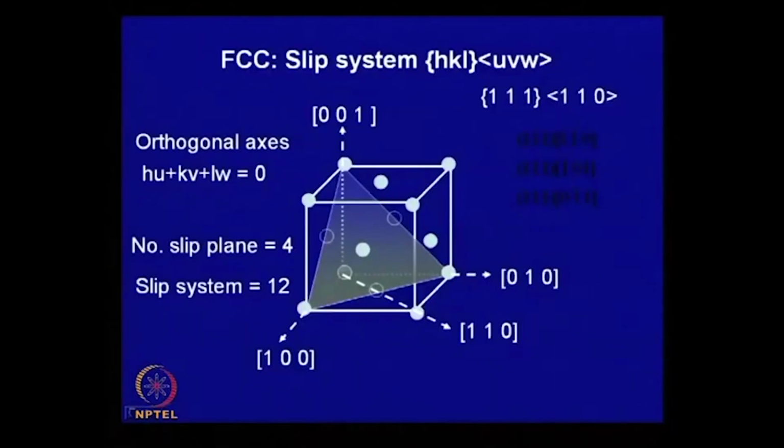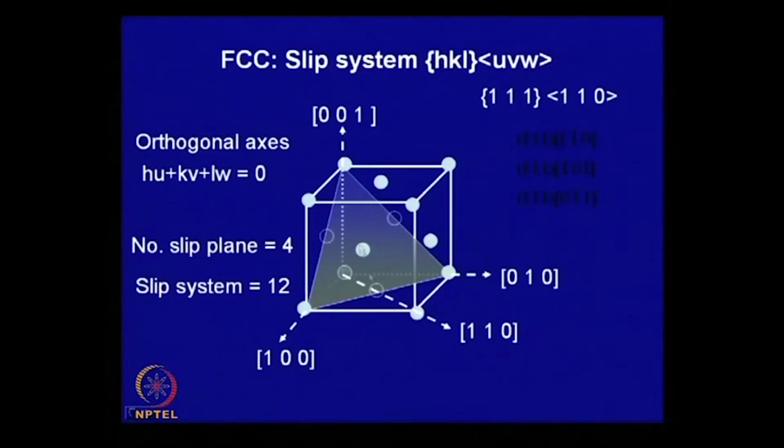So a slip system will be represented by a crystal plane, say HKL, and a crystal direction UVW, and this direction must be a direction lying on the crystal plane.